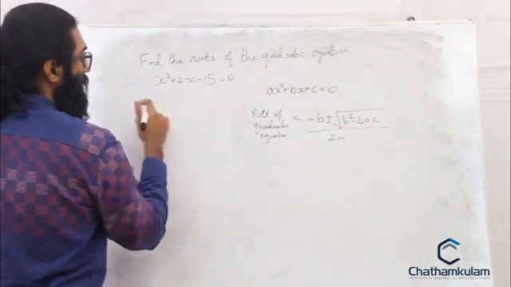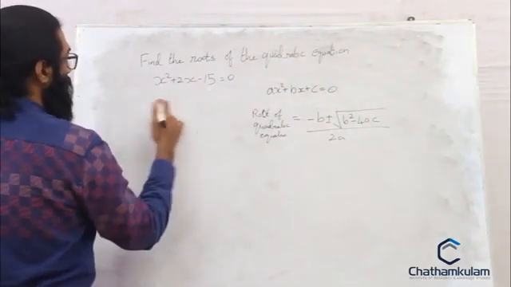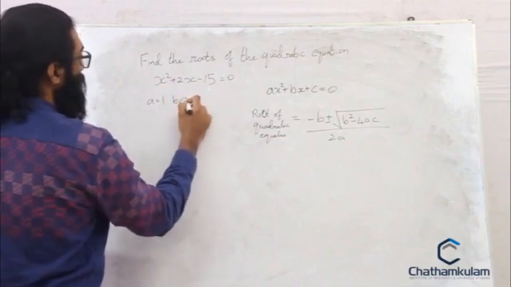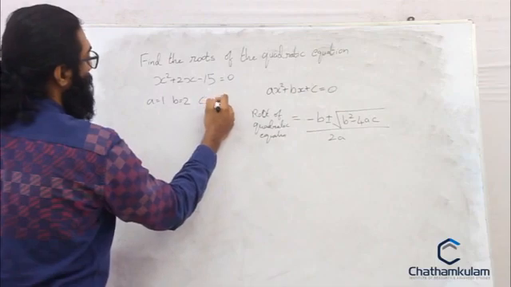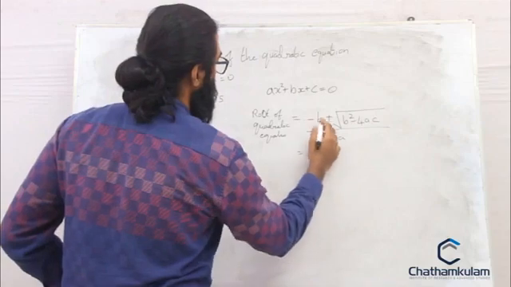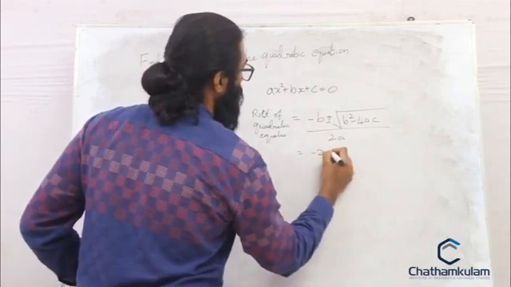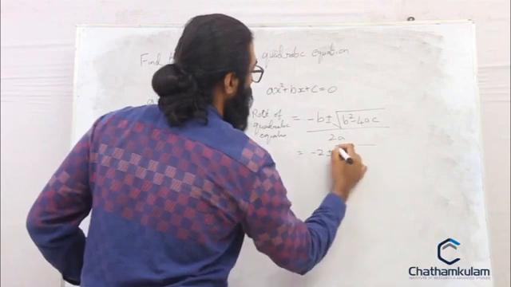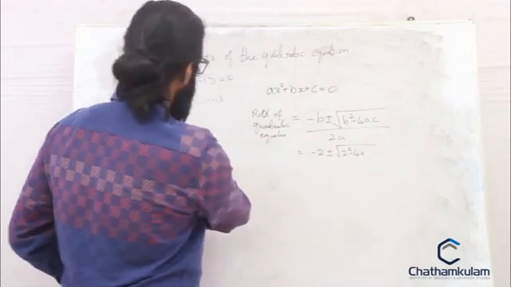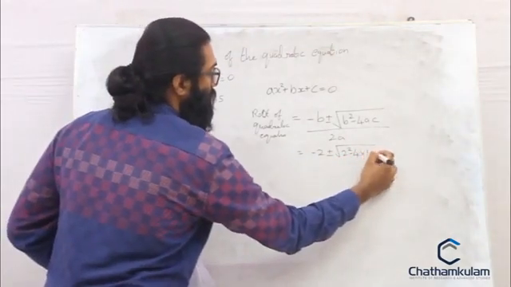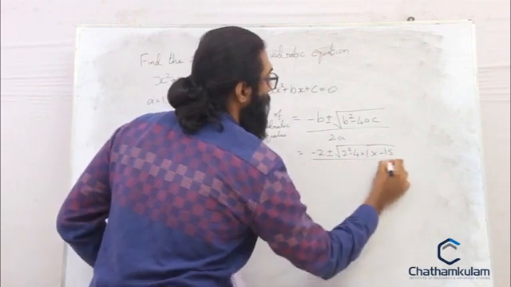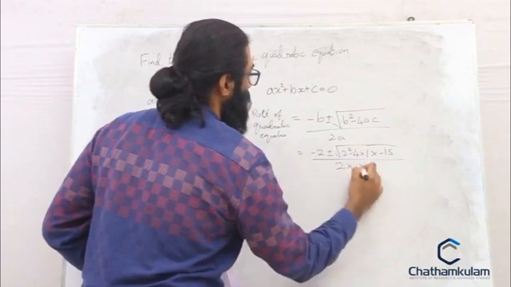In this question here, the coefficient a is 1, b equals 2 and c equals minus 15. So we substitute the values here. Minus b is 2. So minus 2 plus or minus root of 2 square minus 4 into 1 into c is minus 15, right, whole divided by 2 into 1.